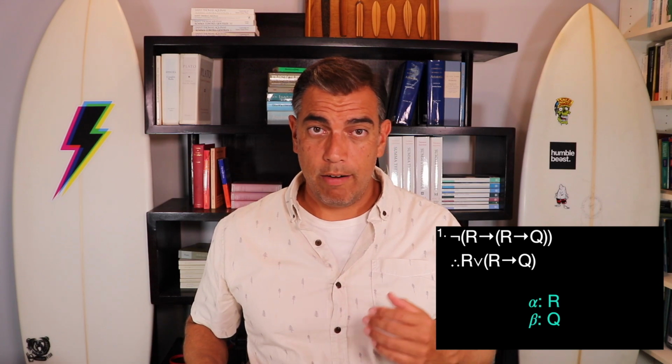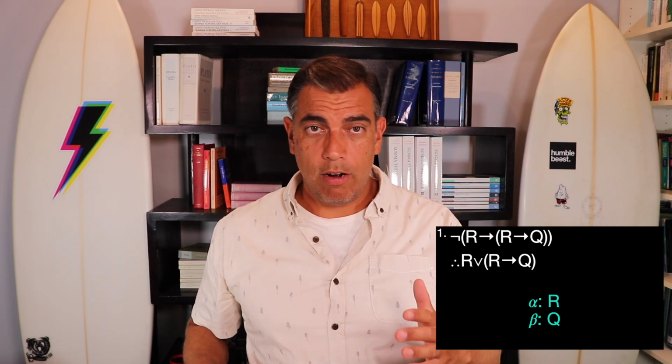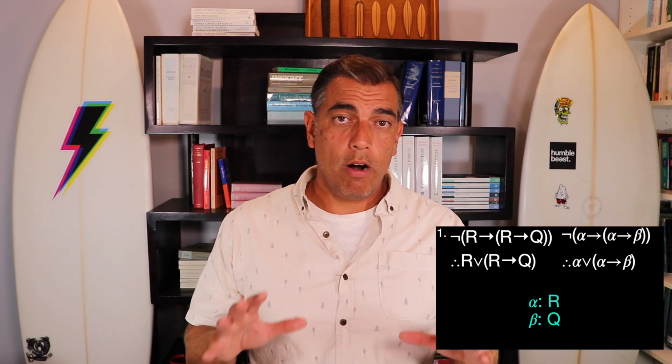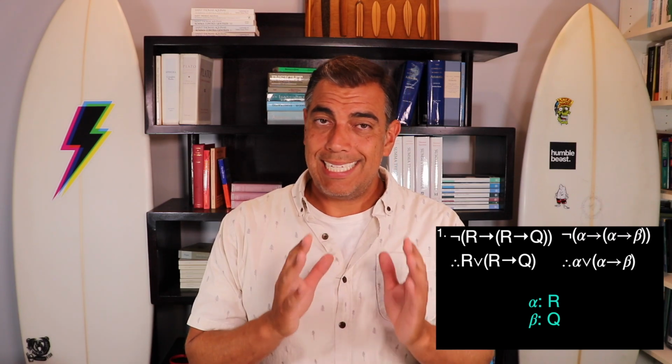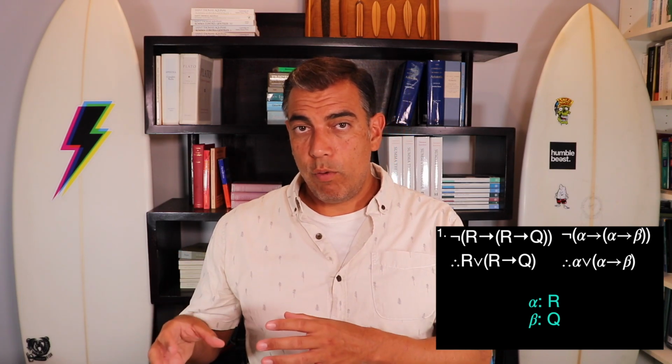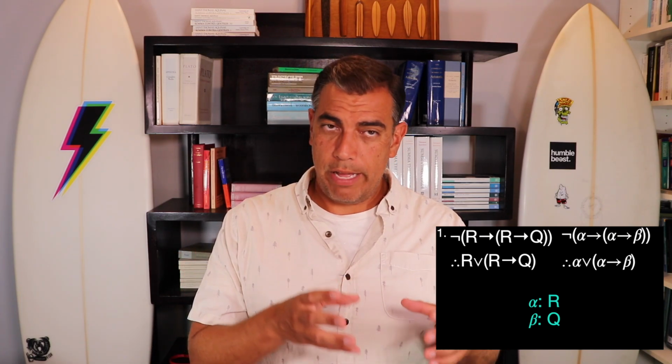So for example, here I'll have alpha, and I'll make it R, and beta, I'll make it Q. And then my new argument form will be: it's not the case that if alpha, then beta, therefore alpha or if alpha, then beta.